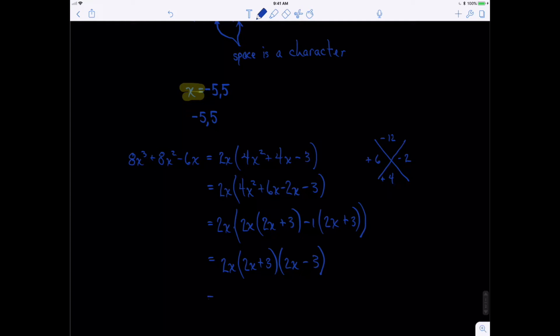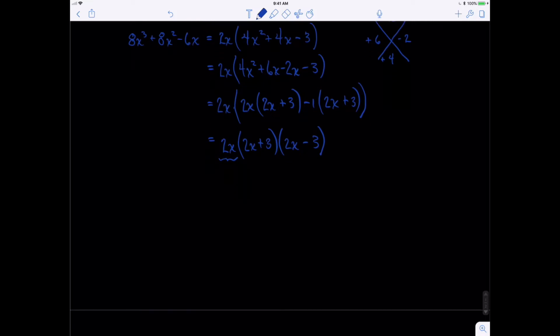Now, sometimes people will do this. And notice that when there's just multiplication, this multiplication does not need parentheses. It can just be as it is.